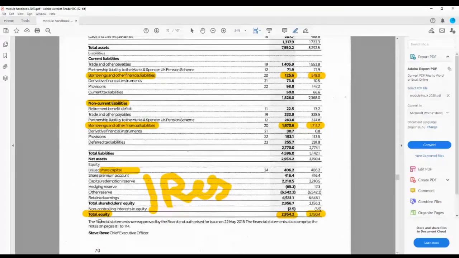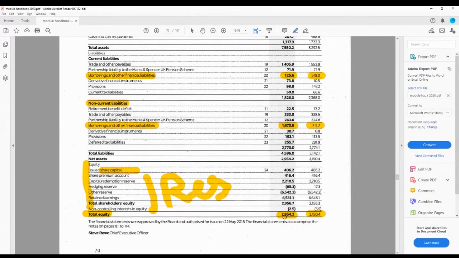So the total is equity, and these are the figures which we need: 2954.2 and 3,150.4 million. Equity is normally very easy to locate. It's clearly given in the statement of financial position.